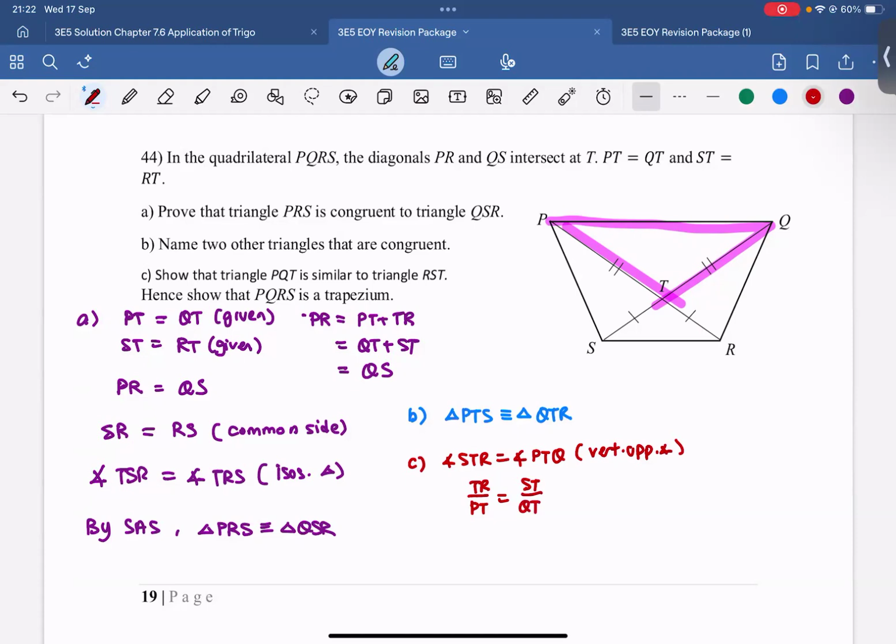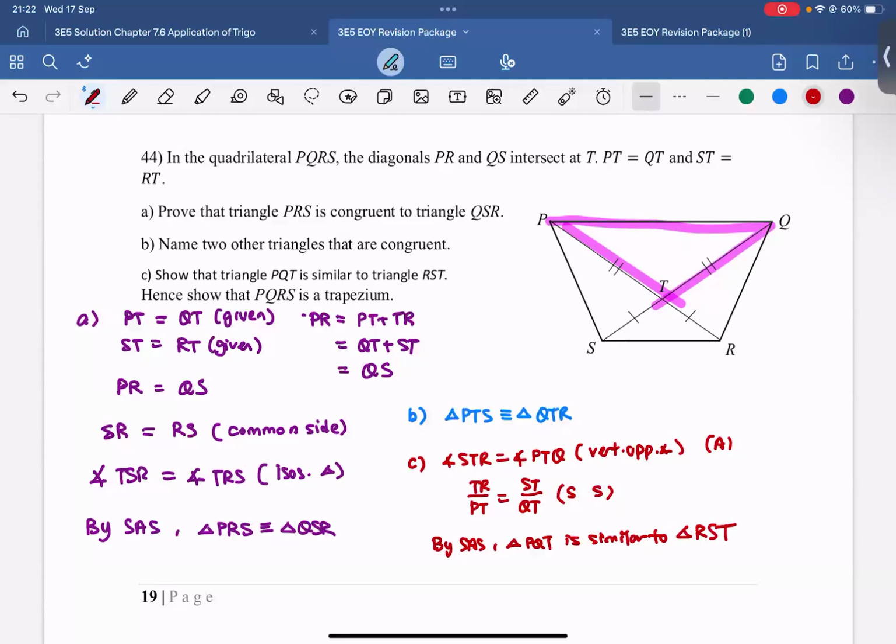Yeah. So this will settle two S's already. This is your S and S, and this is your A. So by SAS, triangle PQT is similar to triangle RST.